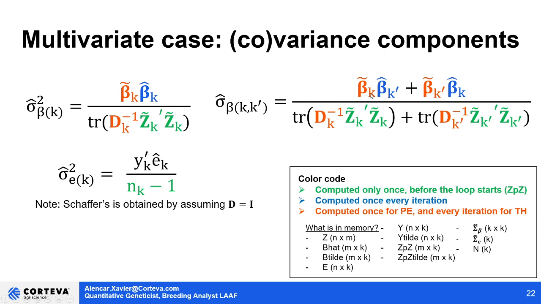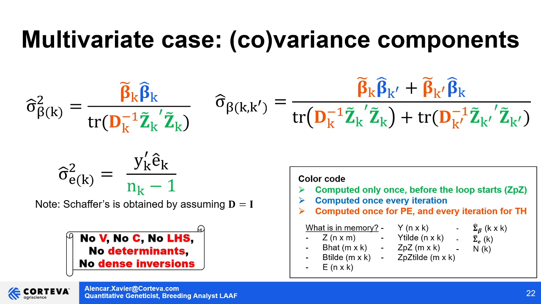It's just the tilde-hat from traits 1 and 2 plus the hat-tilde of traits 1 and 2. We get the same solution as Schaeffer by just assuming that D is an identity matrix. We have very few things stored in memory, just the B hat, the B tilde, and some of the diagonals of ZPZ.